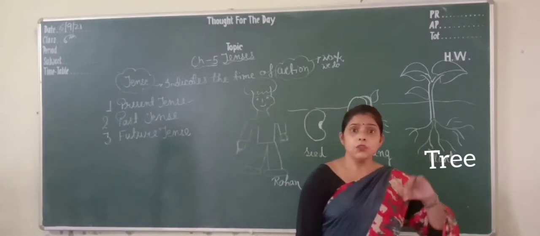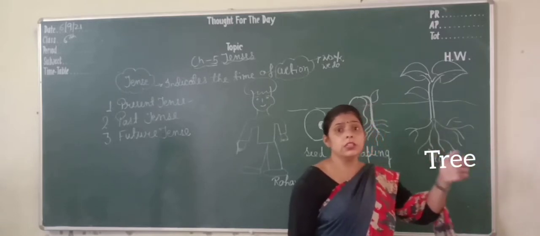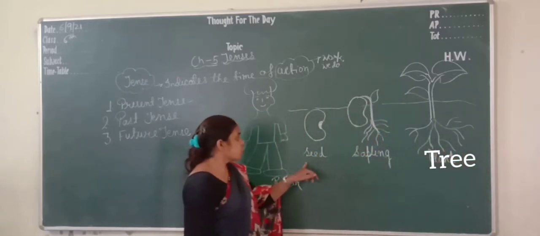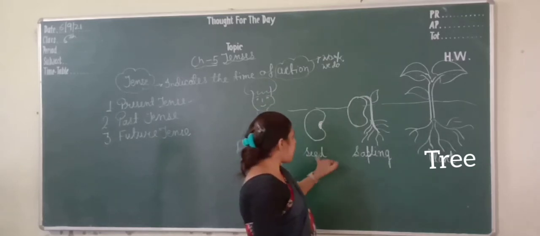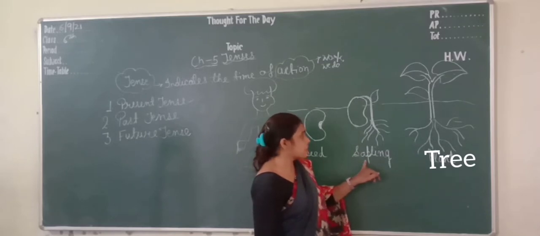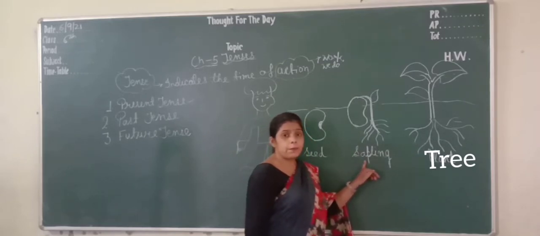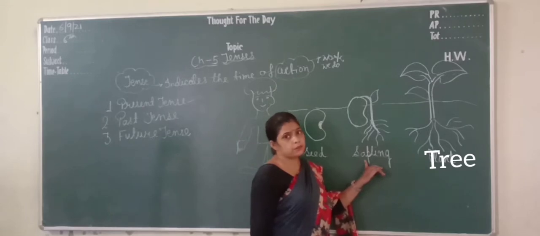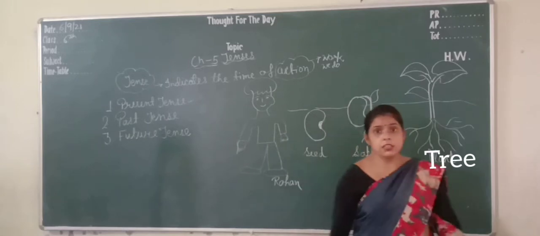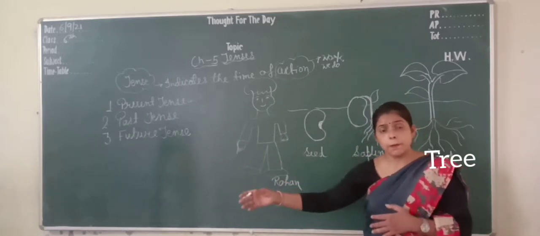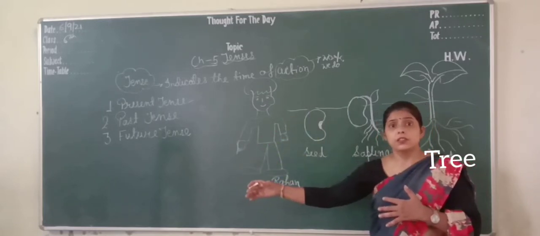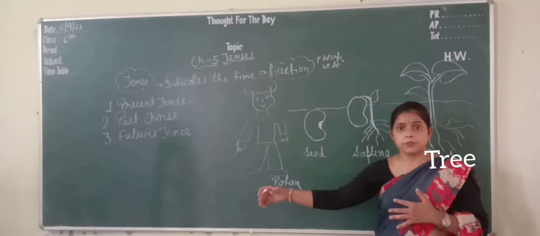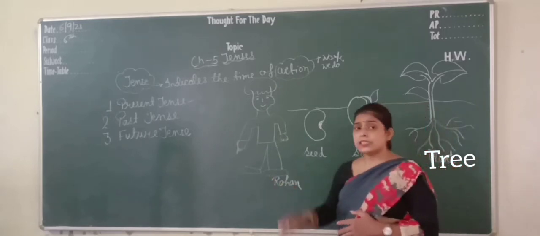Because a few months before he sowed a seed, and now the seed is becoming a sapling. It means this sapling is going to become a tree after a few months. So now Rohan is happy.